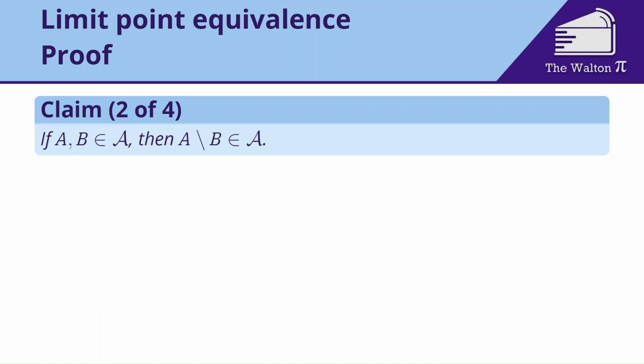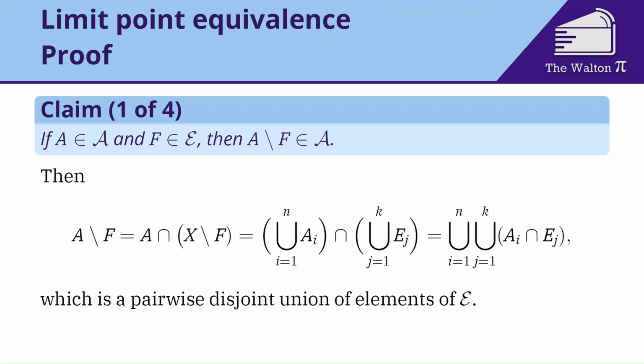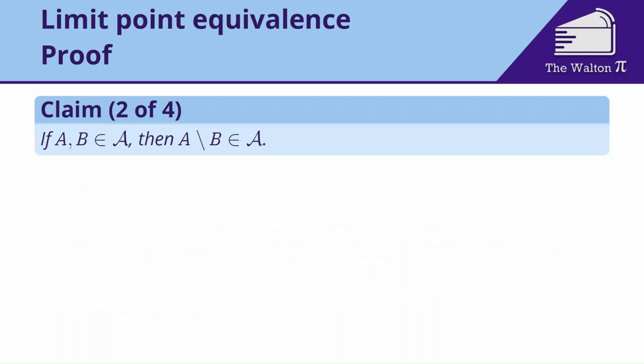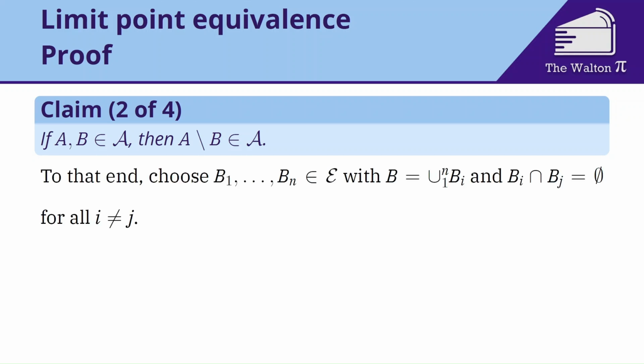Claim 2. If A and B are in our potential algebra, then A minus B is in our algebra. Now this is very similar to the previous one. The previous one was where we were subtracting off something in our elementary family. This is now subtracting off something that is in our potential algebra. So we're going to be using the previous property, and we're going to do this very carefully.